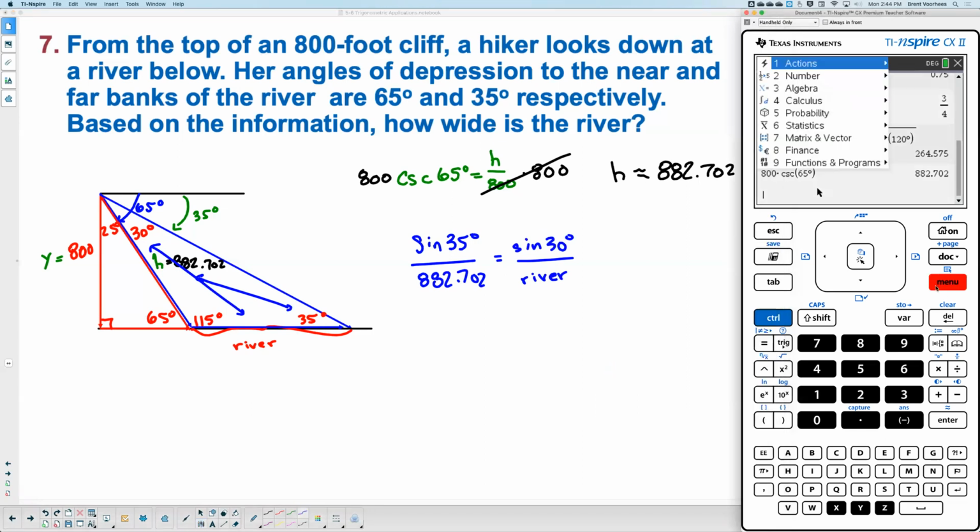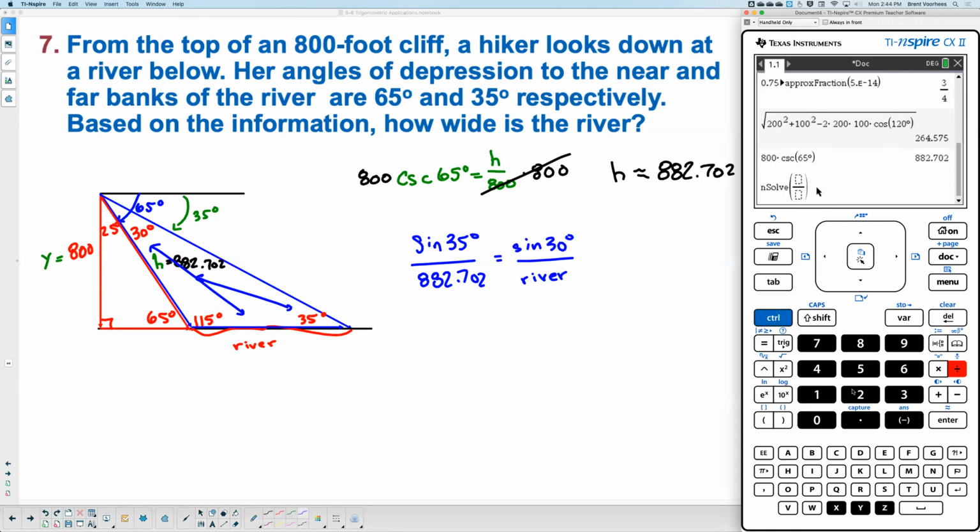And we could solve that. That's all I'm going to do on this one. Menu 3-1. Sine 35 degrees over the answer. So I'm going to just do control negative to get that where it says ans, so we don't have a rounded version. And sine 30 over the river.